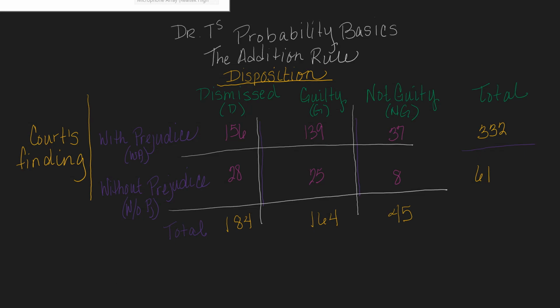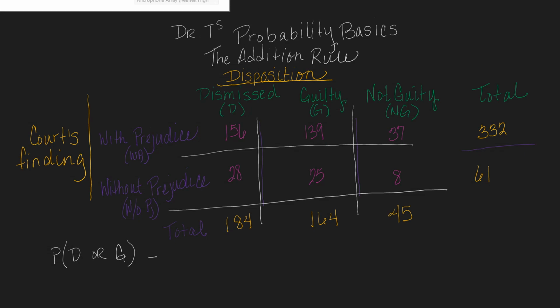So we're looking for the probability that we randomly look at a case that we reviewed, and the case that we review has a defendant whose case was dismissed, or the defendant was found, let's go guilty.